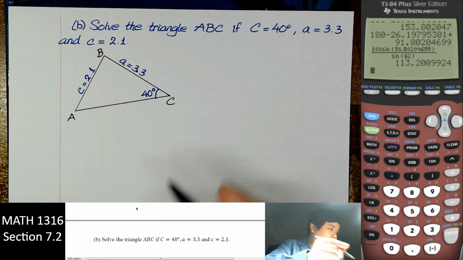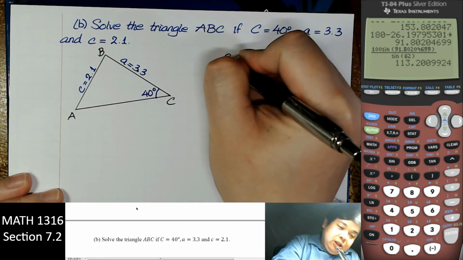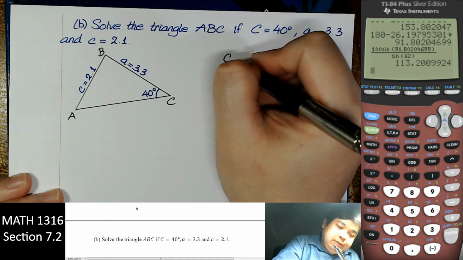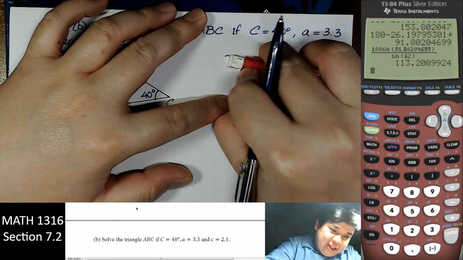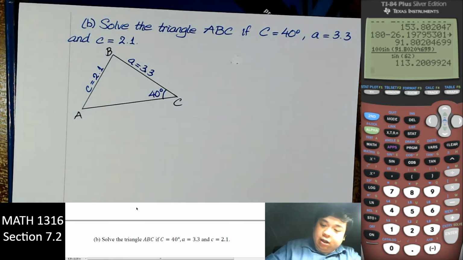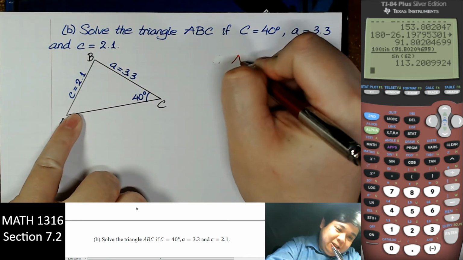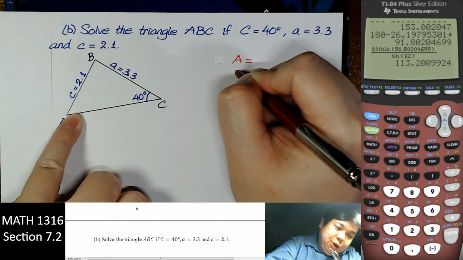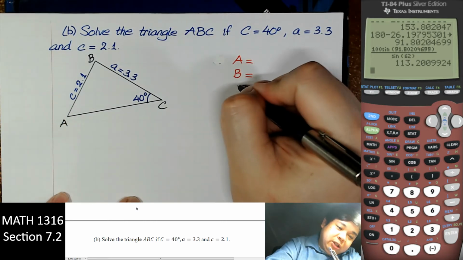I always write out the summary. Angle C. And after all of that, I thought I have a hang of what we are given. Right. We don't know angle A. Don't know angle B. Only know angle C.